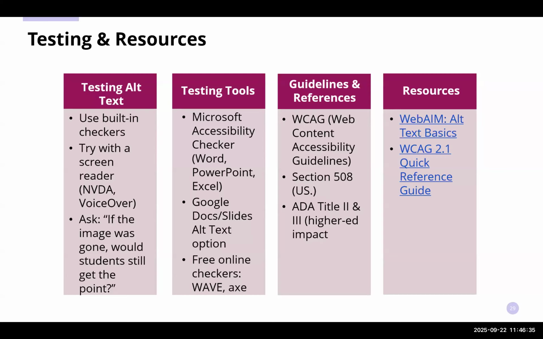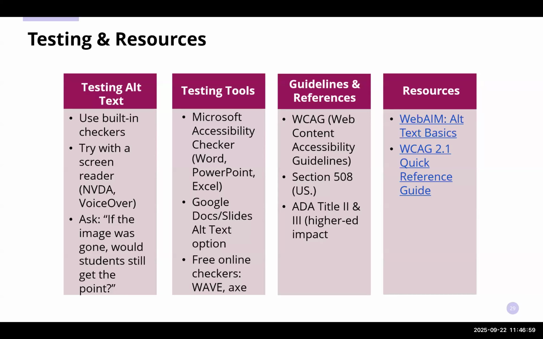If you want to explore further, WebAIM's Alt Text Basics and the WCAG 2.1 Quick Reference Guide are both excellent practical resources, so make sure to check those out. So this slide is basically a toolbox. Feel free to bookmark it, use it, and share it with others.